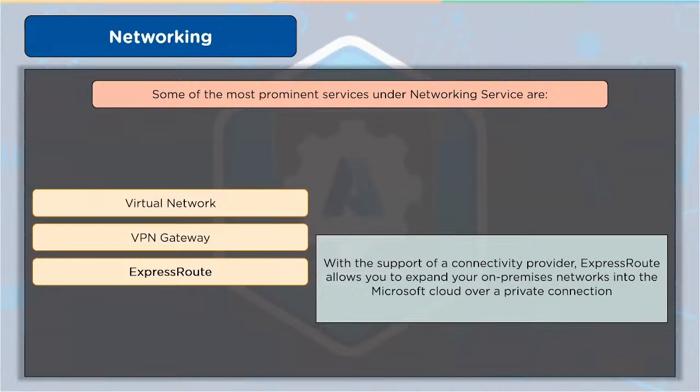An any-to-any IPVPN network, a point-to-point Ethernet network, or a virtual cross-connection through a connectivity provider at a co-location facility can all be used for connectivity. So ExpressRoute connections are not made through a public network. As a result, ExpressRoute connections provide more reliability, quicker speeds, consistent latencies, and higher security than traditional internet connections.